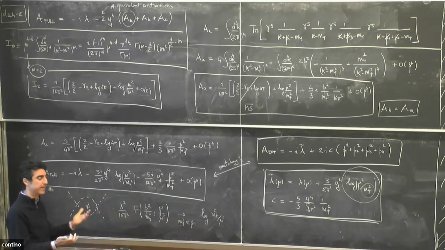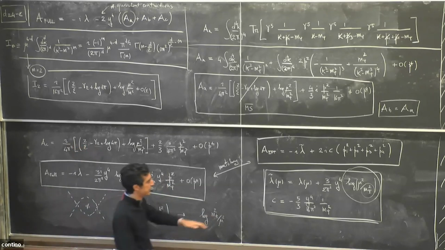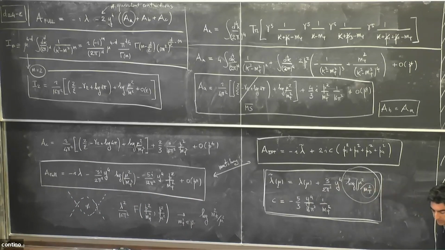And again, infrared divergences must be the same both in the UV theory and in the effective theory, and they must cancel here in the matching. Okay, this is very important. And it's the first observation I would like to make.